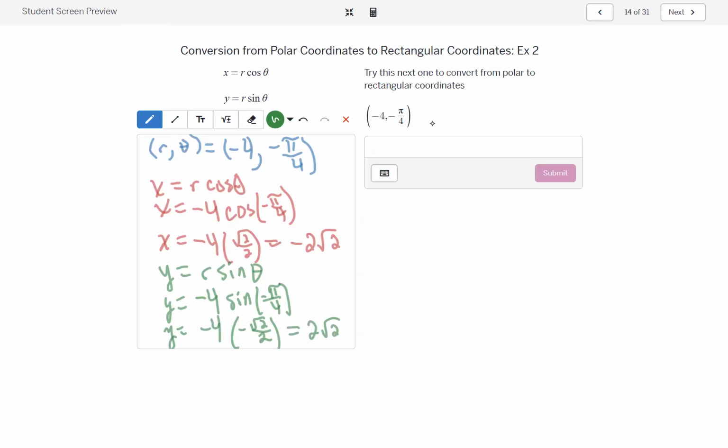So we end up with positive 2 square roots of 2. So negative 2 square root 2, move outside the square root and then hit the comma, positive 2 square root 2.